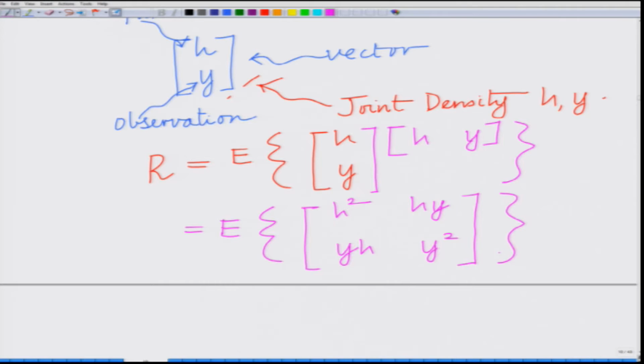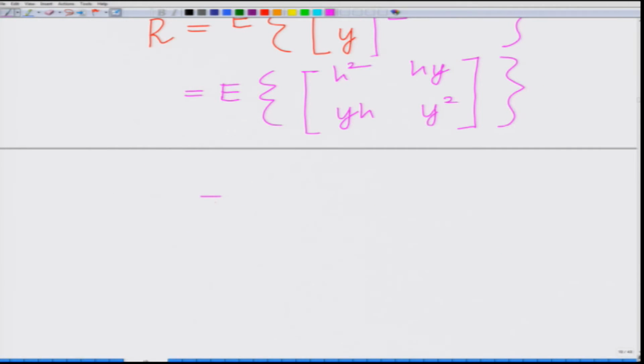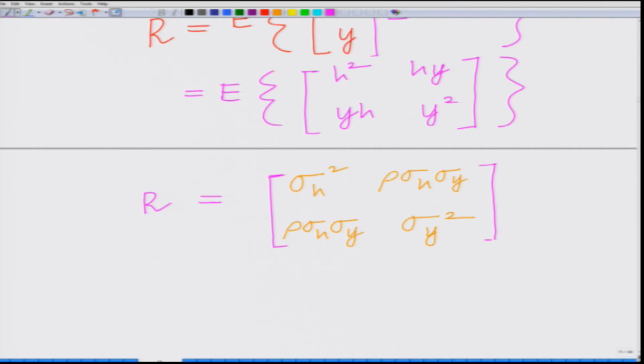Taking the expected value of each term: expected value of h square is sigma h square, expected value of y square is sigma y square, expected value of h y is rho sigma h sigma y, and expected value of y h is rho sigma h sigma y. This is the covariance matrix of the random vector h comma y.